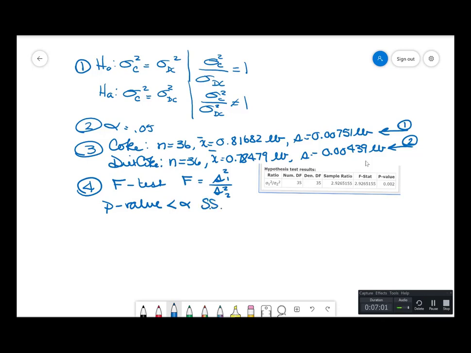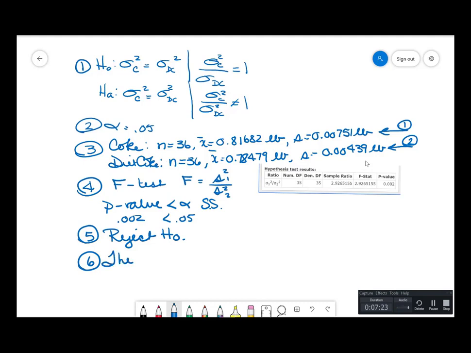And that is true because 0.002 is less than 0.05. So that means in step 5 we can reject our null hypothesis. And then in step 6 we need to put it into everyday language.